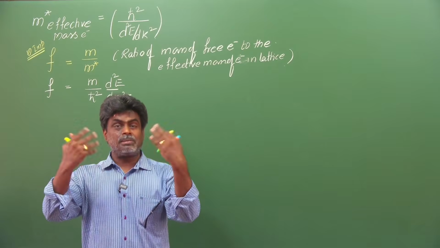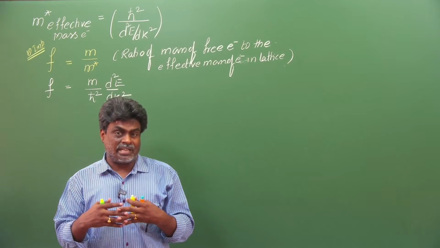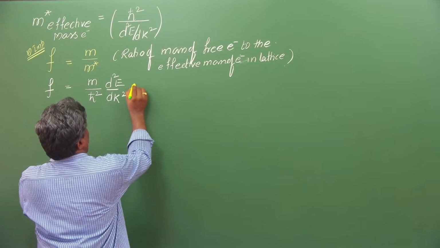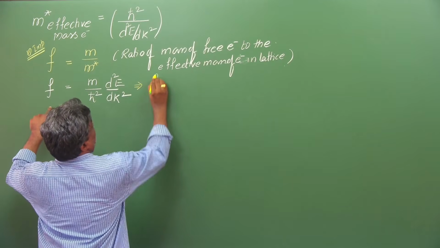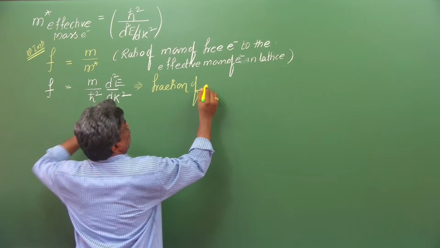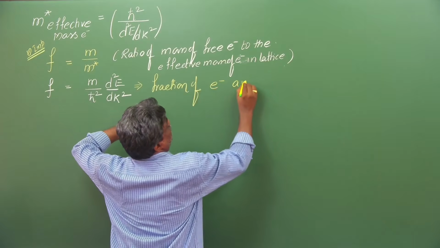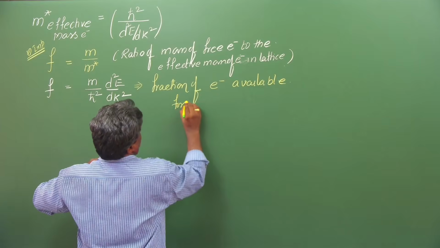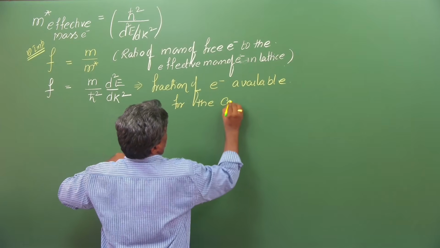If a maximum number of electrons are available for conduction, it conducts. Very important: what is this F? Fraction of electrons available for the conduction process.